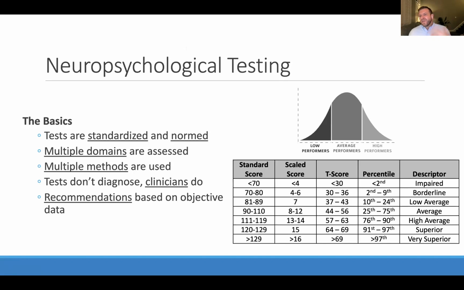The standard scores and the scaled scores and the T-scores, all of those have different averages or means, and so it can get quite confusing. What we'll often find too is that the percentiles are actually even more informative than these descriptors. Some folks have a little bit of variability in how they apply those different labels. But again, we don't want to get too hung up on individual scores, but to understand the overall profile of what we're seeing.